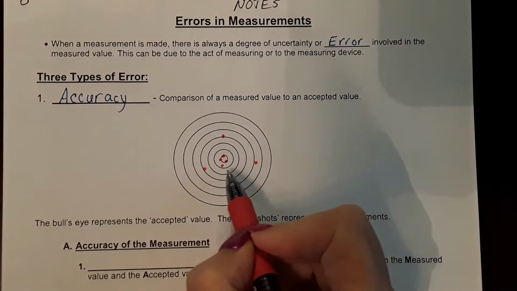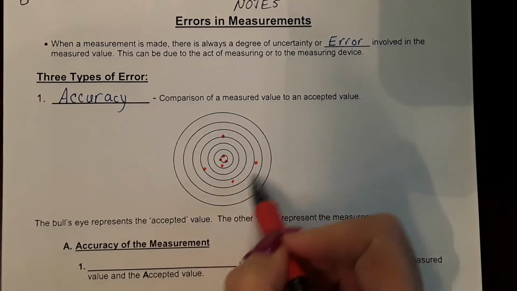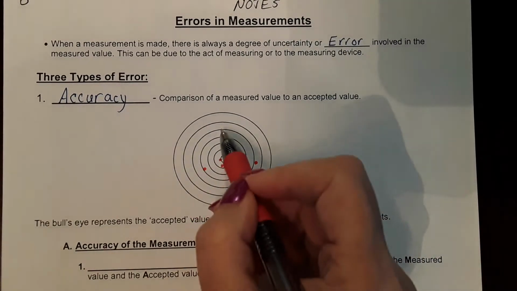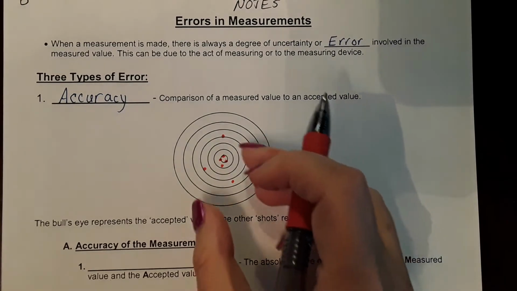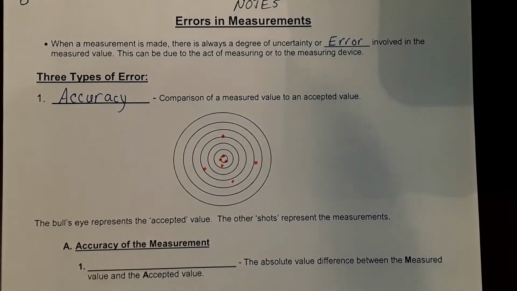At least 50% of the shots are on or near the bullseye. The other 50% may be away from the bullseye, but they're on different sides of the bullseye, so that if you looked at the average of those four, they'd be near the bullseye also. So you could say that person is fairly accurate.